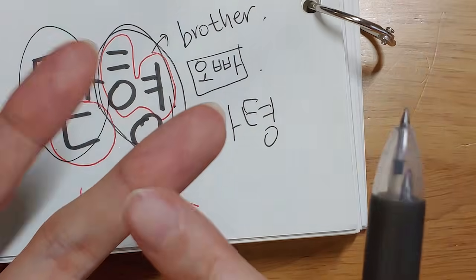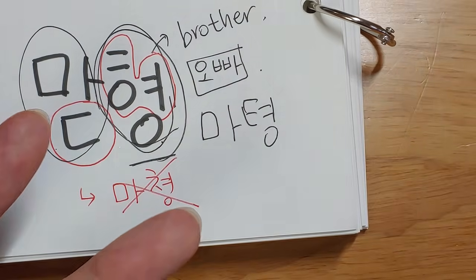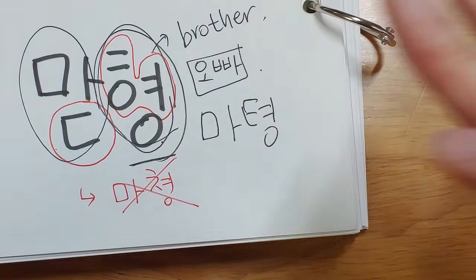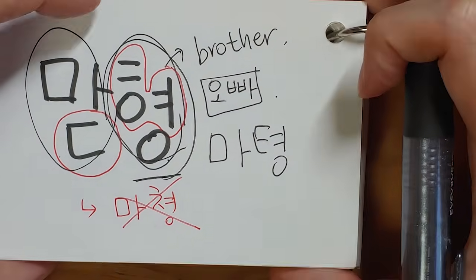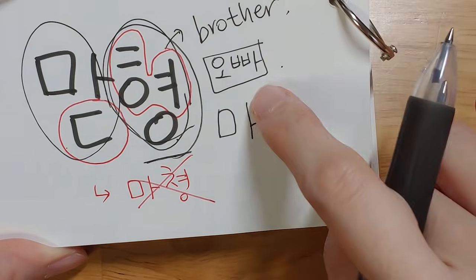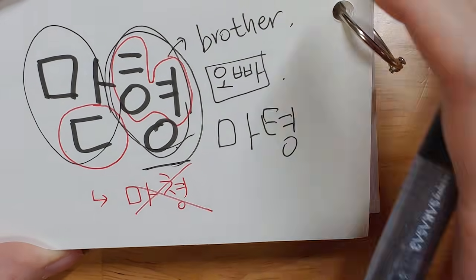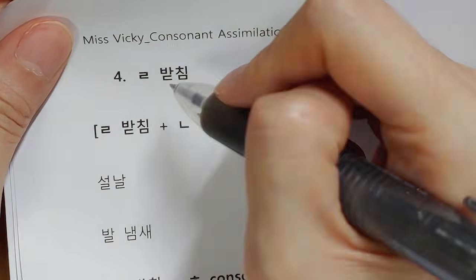And it also means any guys that are older than you, but not very, very old. You cannot call a middle-aged man or a really old grandpa 오빠. That would be very disrespectful. So it's just for people with enough of an age gap who are older. Yay, we're done with 디귿 받침.